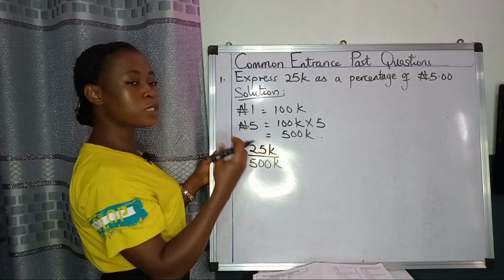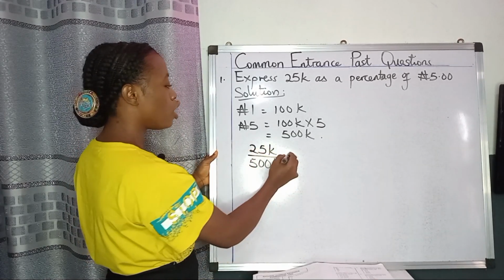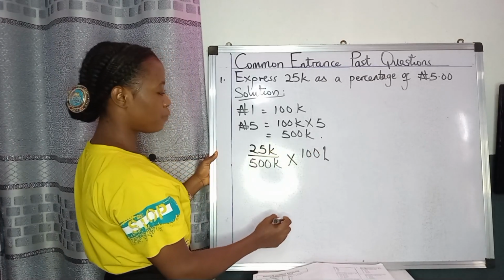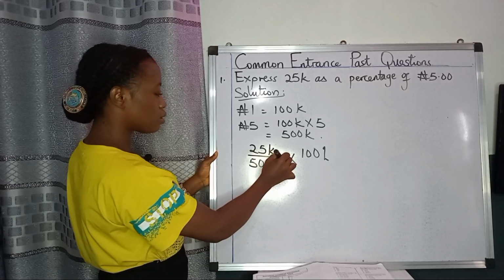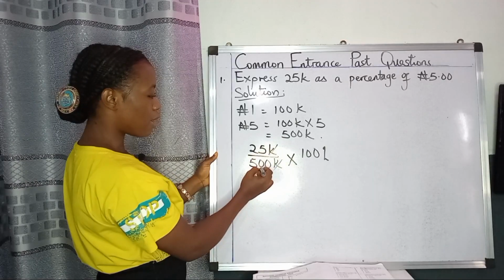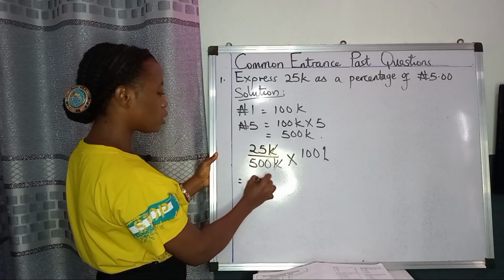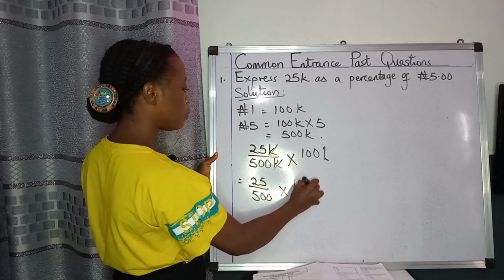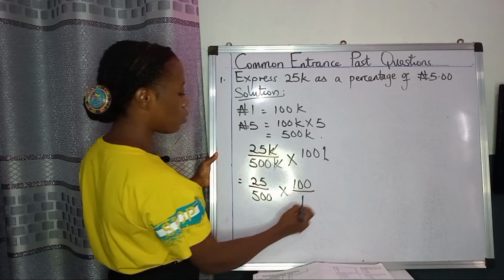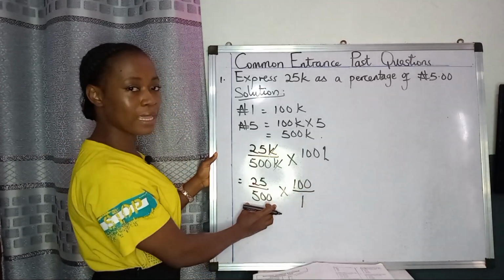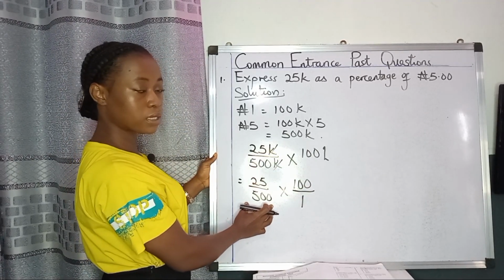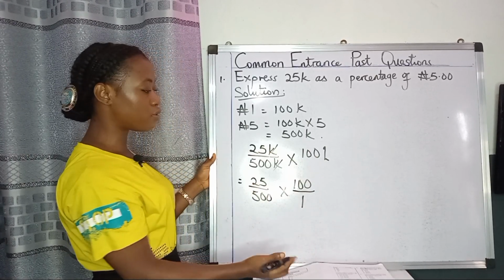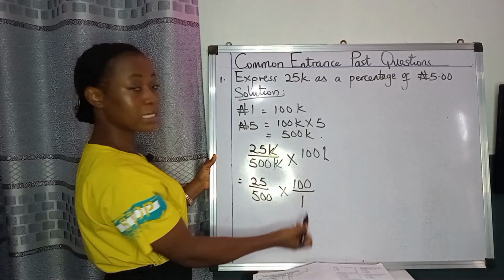Now, expressing this as percentage, you simply multiply by 100%. So now, you cancel the kobo, and you are left with 25 over 500, then multiplied by 100%. So you write 100 over 1 to make this also look like a fraction. You can also leave it that way and simplify, but to make the work easier for you, you write this 100 as a fraction.